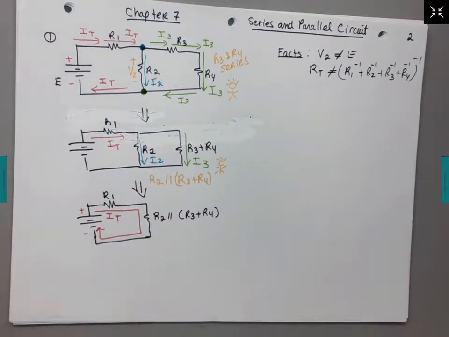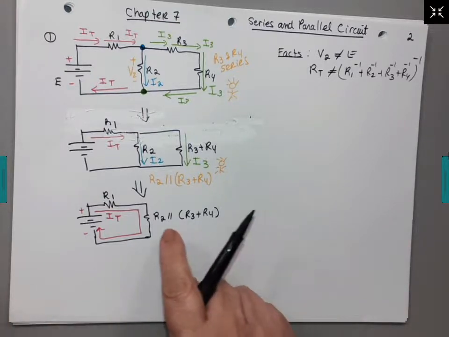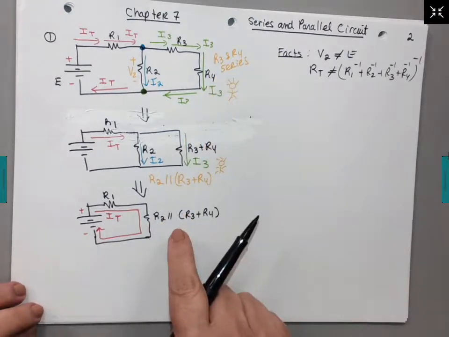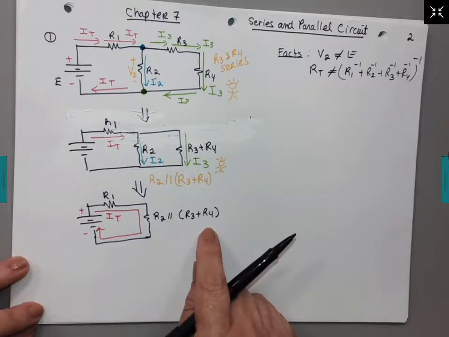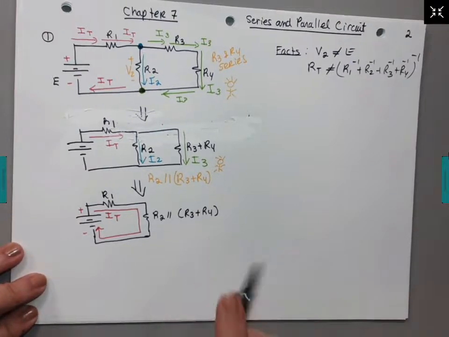So what can you tell me about my R total right there? If I have the same current going through R1 and this whole thing combination, what can you tell me about RT? You add them. So right here, we don't have numbers, so I'm just using letters or variables, but eventually they will become numbers, okay?